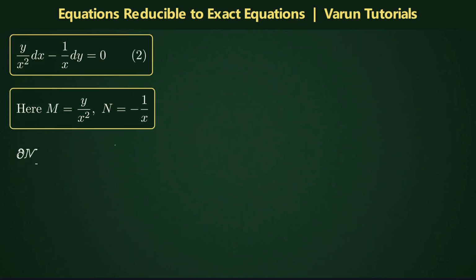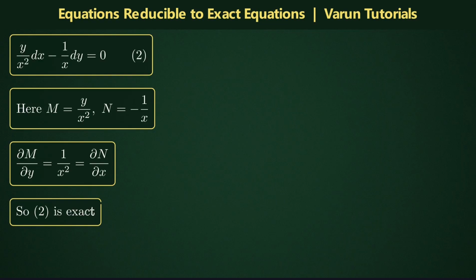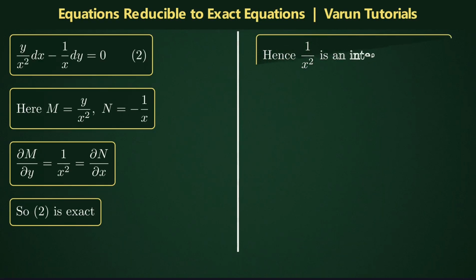The partial derivative of M with respect to y, and the partial derivative of N with respect to x, are both equal to 1 over x squared. Since the partial derivatives are now equal, equation 2 is indeed an exact differential equation. Hence, 1 over x squared is an integrating factor of our original equation.